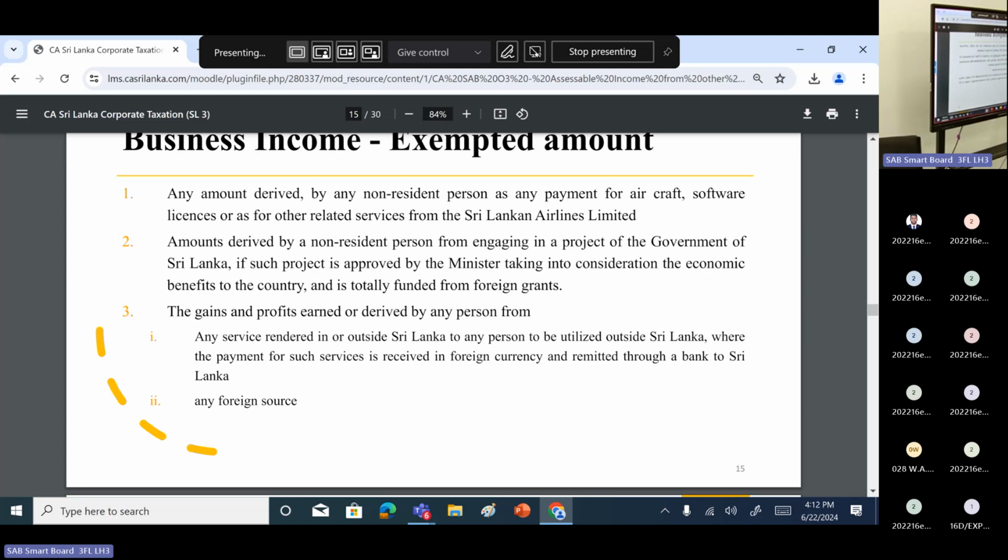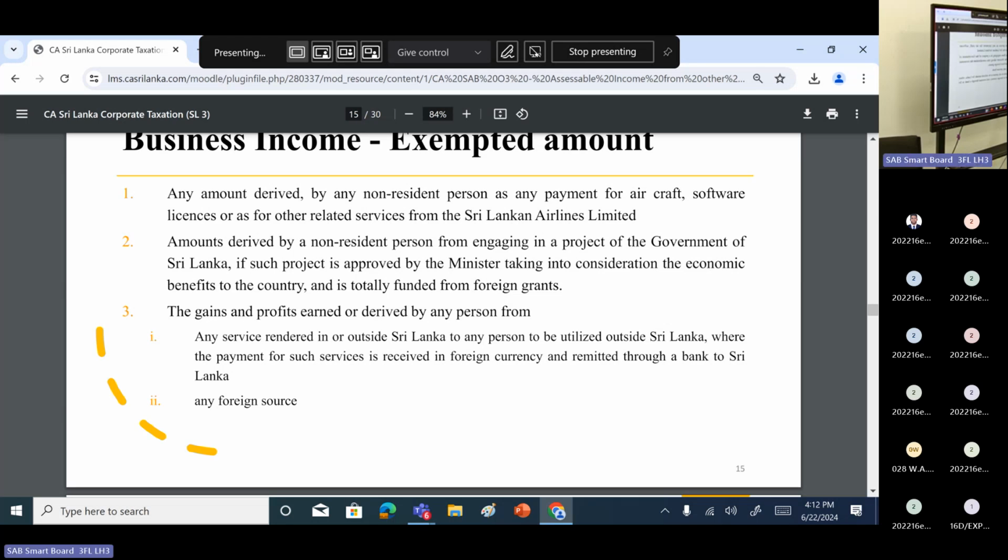Whatever services or exports they are making from Sri Lanka, the consideration, the sales proceeds, need to be brought to Sri Lanka in foreign currency. And there is a time limit given under that particular act. In the gazette notification, it is 6 months from the date of the invoice. The same applies here: that money needs to be brought to Sri Lanka within 6 months. Otherwise, that exemption cannot be claimed.